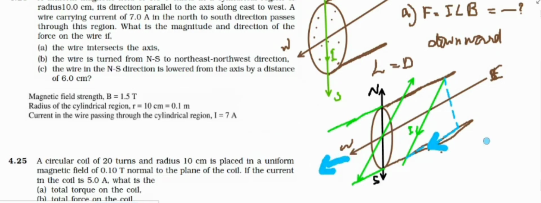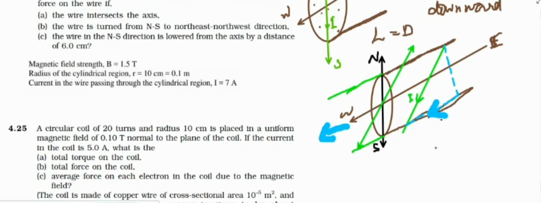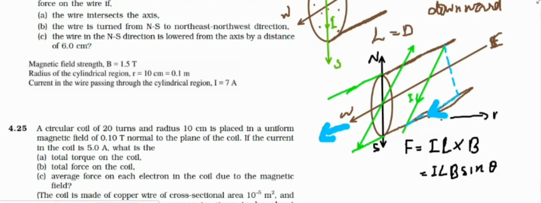If current is parallel to magnetic field, it cannot apply any force there, because our formula is F is equal to IL cross B, is equal to ILB sine theta. So what happens? This parallel component, here current and magnetic field are parallel, theta is equal to 0. As theta is equal to 0, this component cannot have any force, F is equal to 0.